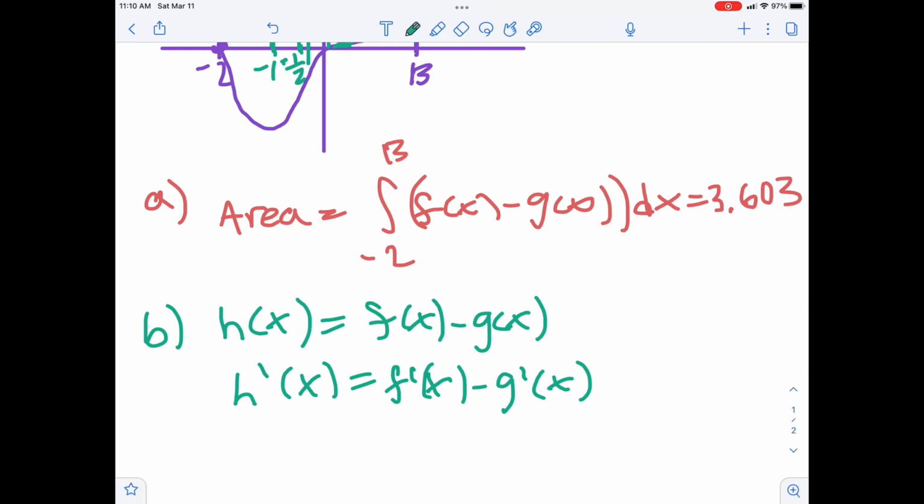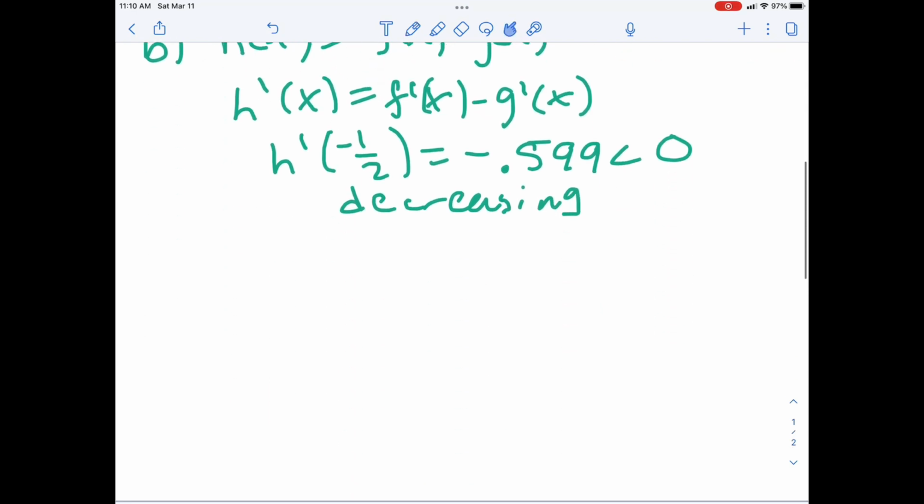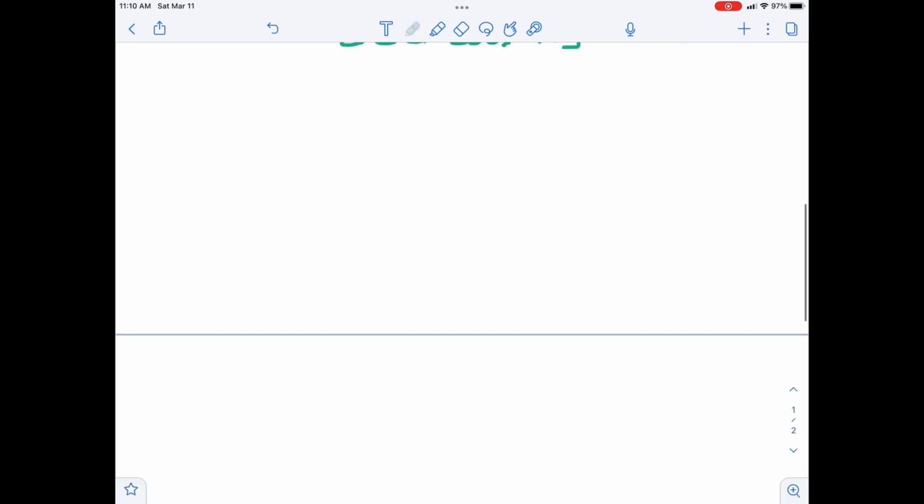And so then if we solve for h prime of -1/2, we do in fact get -0.599, which is less than 0. So it is decreasing. And on the AP test, you do have to write a full complete sentence, but I'm just using some shorthand for the sake of the video. All right, so that's part B.